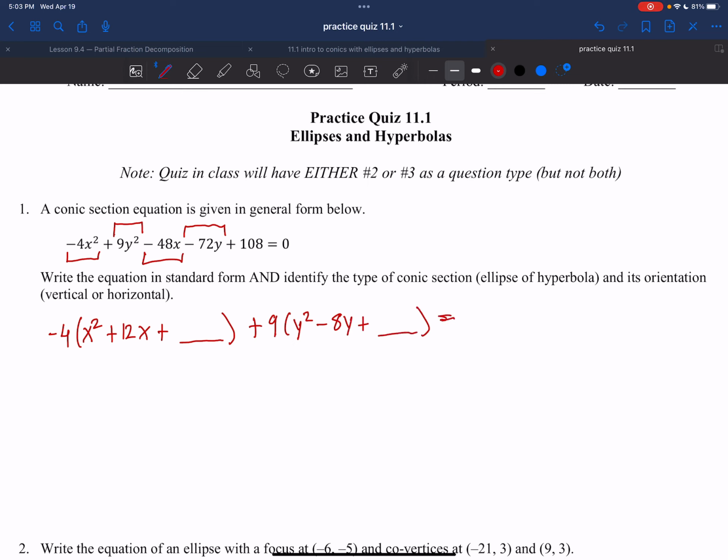equals, and then I'm going to move the constant negative 108 to the other side. And then I do need to say plus blank, because if I add two quantities to the left side to keep the equation balanced, I must add those on the right side. Okay, so now completing the square means take b divided by 2 and square it.